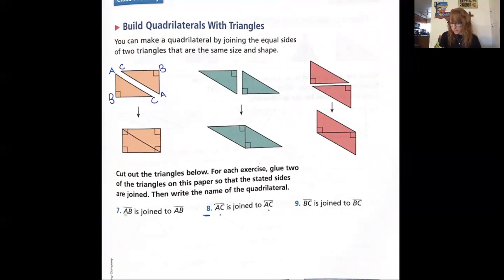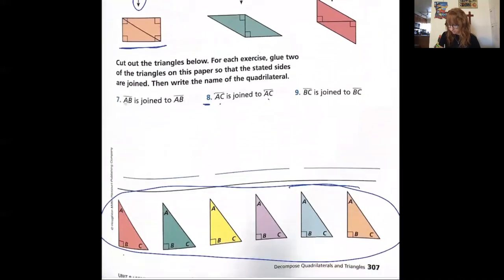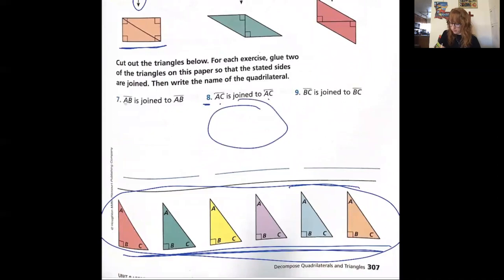So when we join up line segment AC with line segment AC, we're given this type of quadrilateral. Then you will glue or tape your triangles that you've cut out from this bottom section in your book. You'll glue them here, and then you'll write the name on the line.